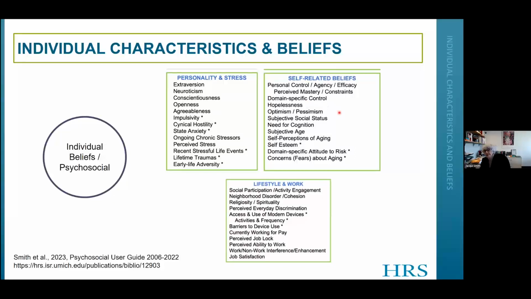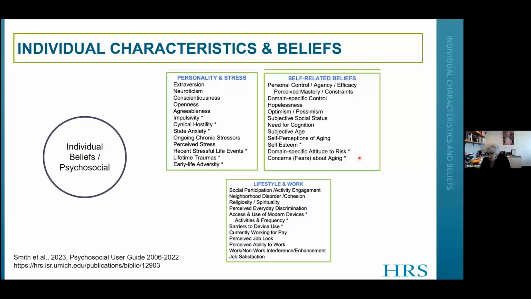Feeling optimistic or pessimistic. How old you feel, or what age you actually feel, very interesting data. Perceptions of aging, for example. Attitudes about risk. So some people are prepared to take risk about their finances, but not about their health, or risks about driving, but not about other things.